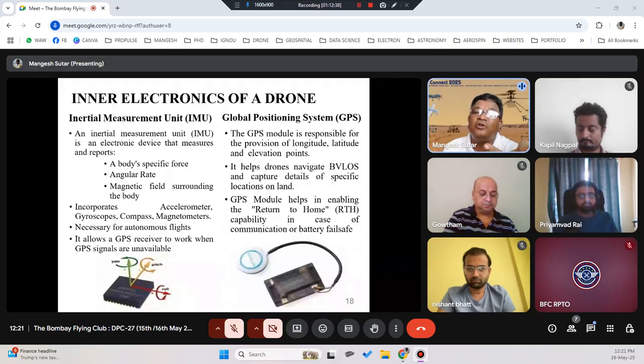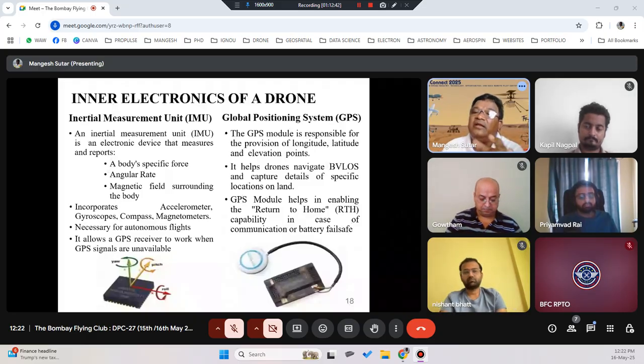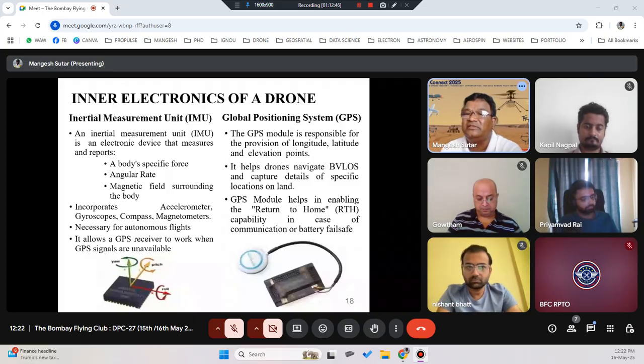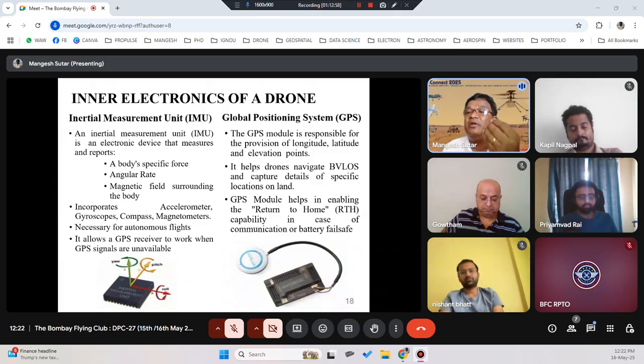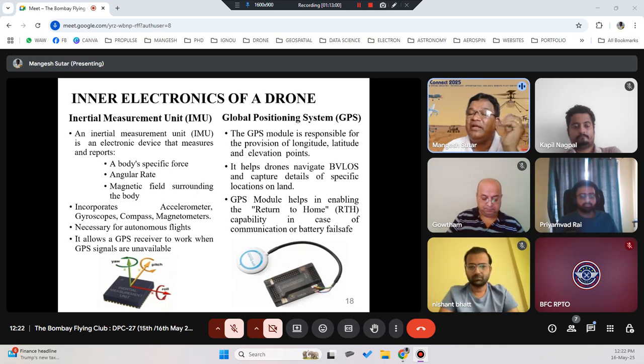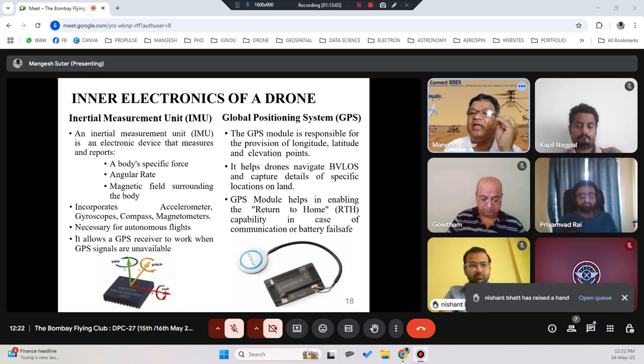The closer you get, the magnetic effect will affect the board and damage it. So two of my drones got damaged because we were not aware of this. Now whenever we want to fly a drone, we always check the specification of that particular drone and see whether it is capable of flying near power line towers or whatever area I am flying in.